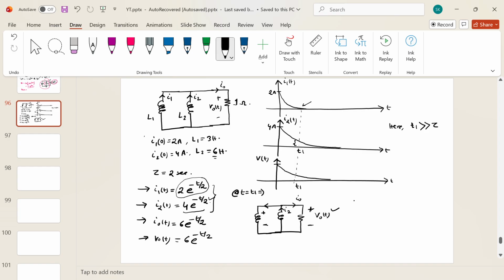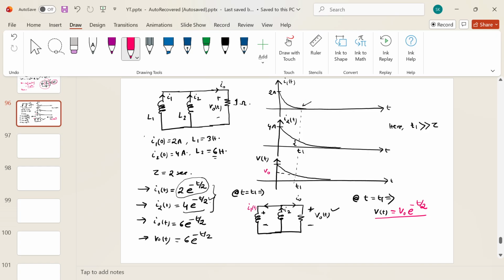At t equal to t1, you got some voltage V naught, so V naught e to the power minus t by tau, where tau is 2. This current will also be exponential, because voltage and current for an inductor are derivative relationships, and the derivative of an exponential quantity is again exponential. So your current will build up in this direction.